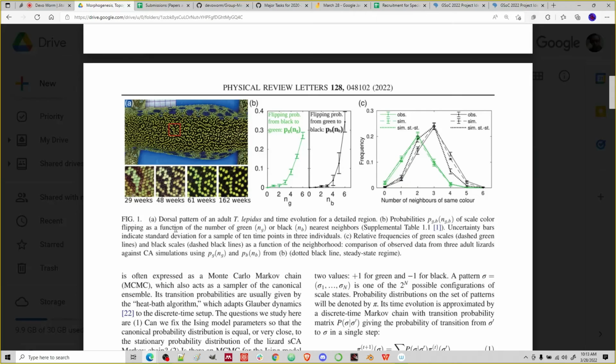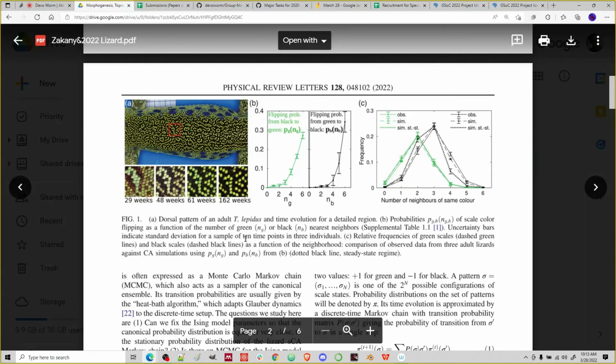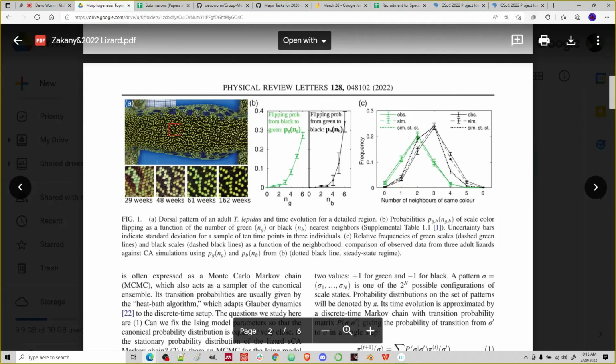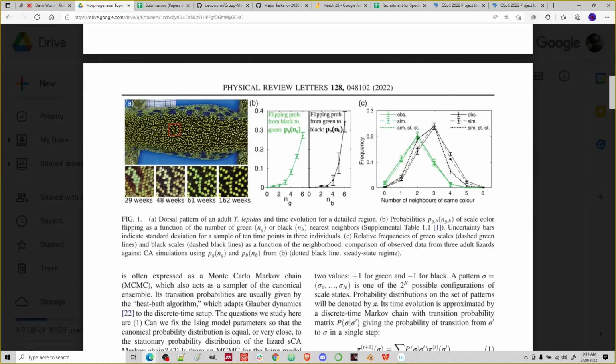Well, by 61 weeks. So it says flipping is a function of the number of green and black nearest neighbors, which are the green scales and black scales, as a function of the neighborhood. So this is the green scale and black scale flipping probabilities. You can see they go up with these parameter values in the simulation, and then they look at the biology to try to match it.